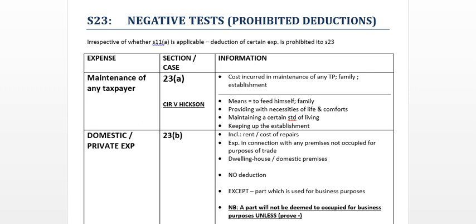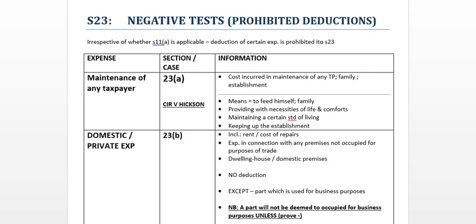Okay, so the maintenance of any taxpayer in terms of section 23A, so the cost incurred of maintenance of any taxpayer, family or establishment. So whatever you pay to your family or your wife, it's not deductible.